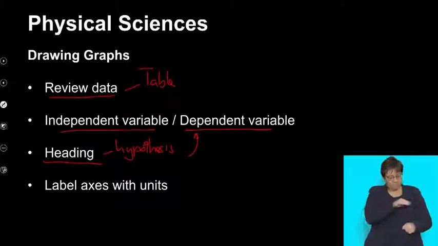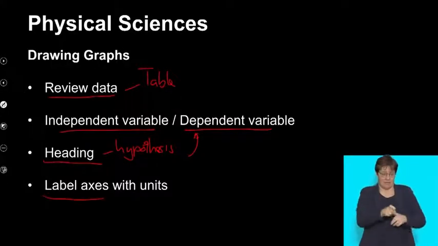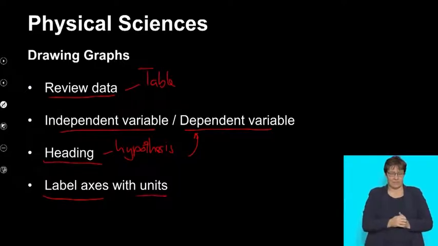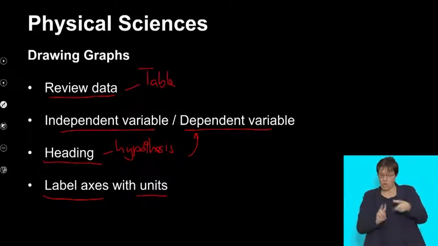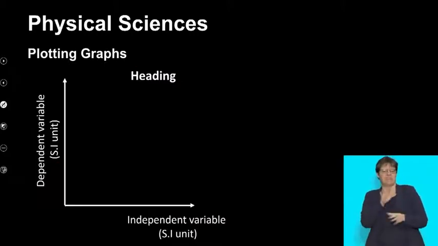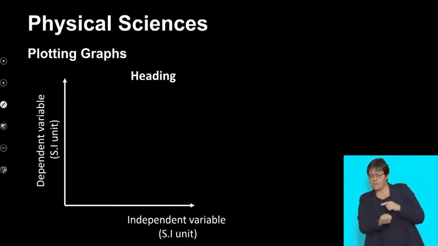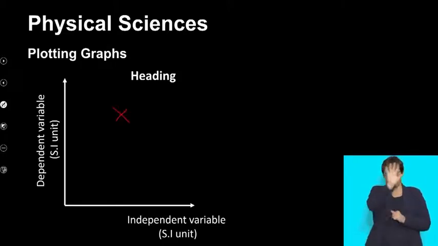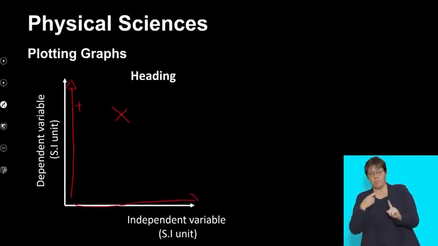The other is that you need to label the axes. So when you label the axes, you need to make sure that there's always a unit included. So here's a sort of outline of what I've just said. For any graph, we need to recognize, mostly in science, we look at only this quadrant. So on this side there are positive values, and on this side there are positive values.